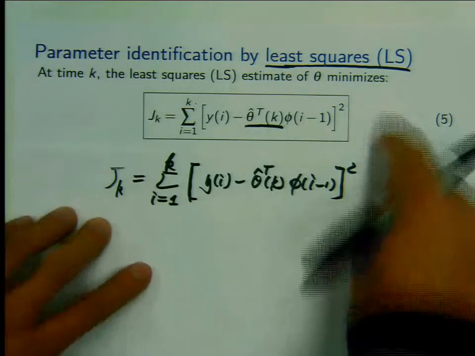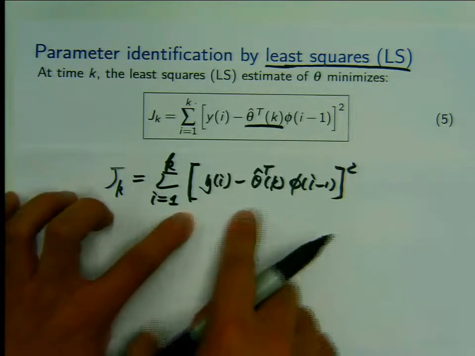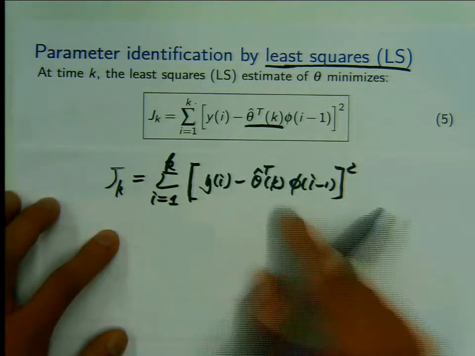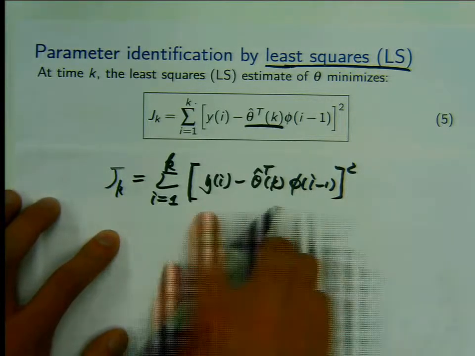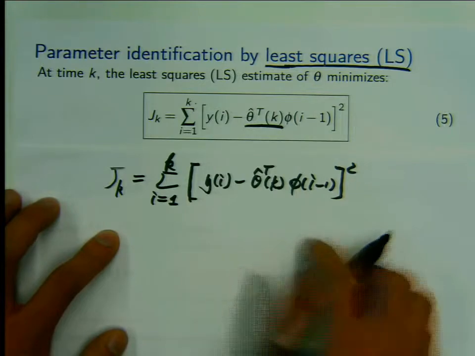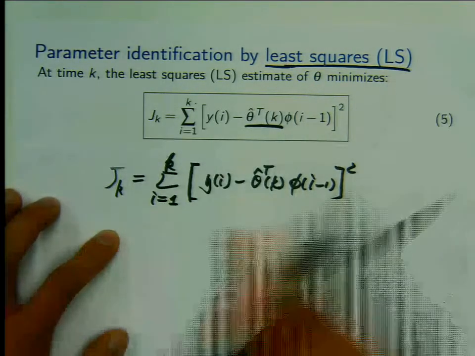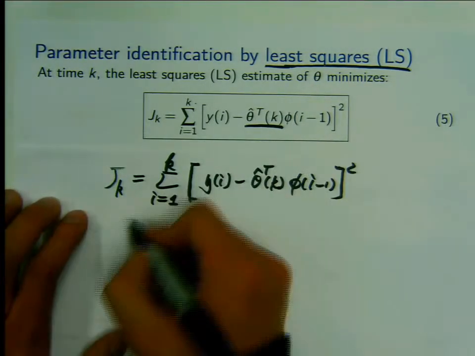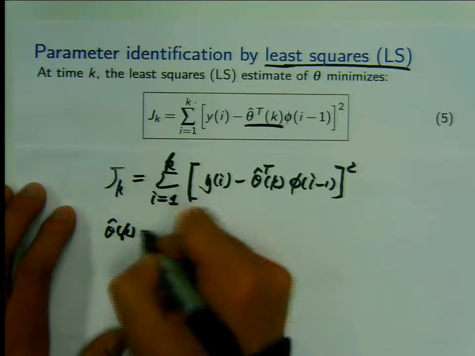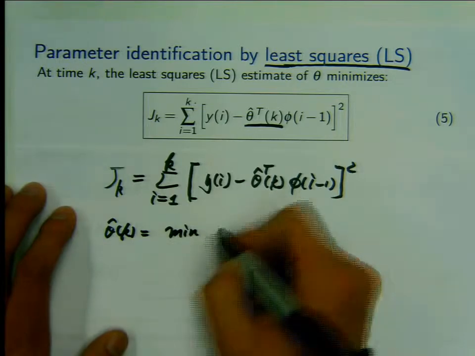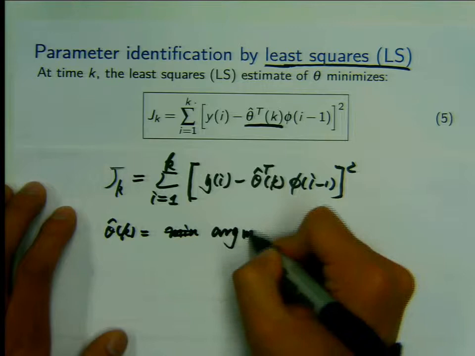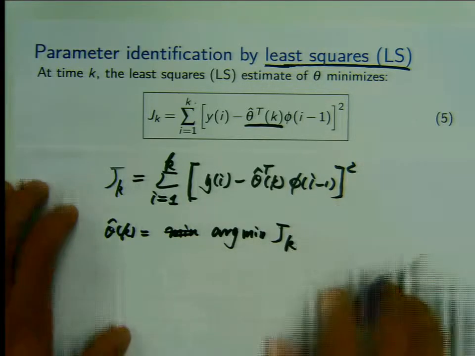If I just give you this cost function, does it have an exact mathematical solution? What is the best estimate theta hat k to solve this problem? Yeah, it's actually in the title, it's least squares. So how would you solve a least squares problem? Theta hat k is the minimizer, is argmin of J_k. Okay?